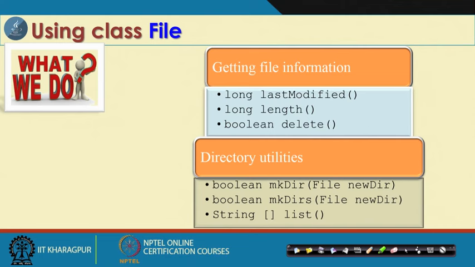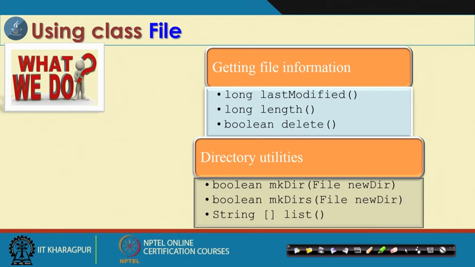Now, regarding file information, a few more things we can have, just last modified, that means it will tell you the date and time when the file was last used, and it also has the method length, which returns the length of the file. If you want to delete a file, you can do that using the delete method.